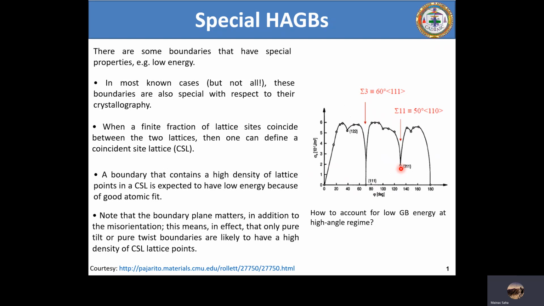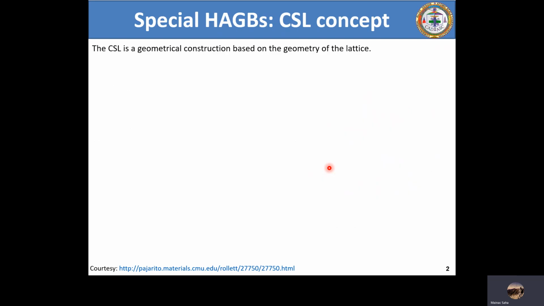That appears at very specific misorientations; it does not follow a hump or a range of misorientations, only a discrete misorientation angle and a discrete grain boundary plane for which the grain boundary energy attains a minimum, even in the high angle regime. So what we have to understand now is the CSL concept.